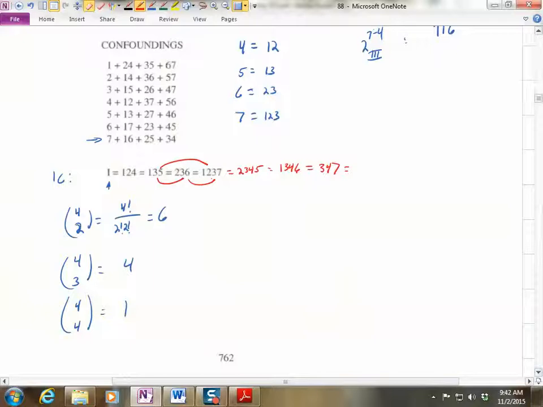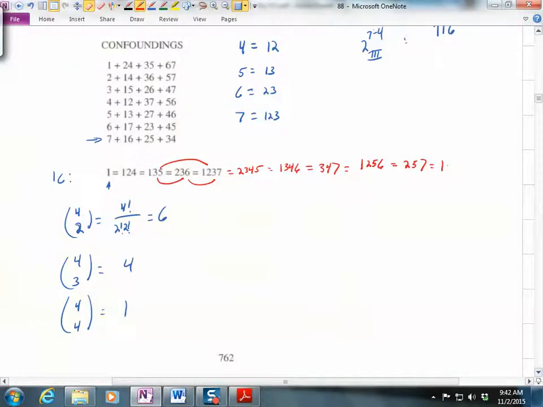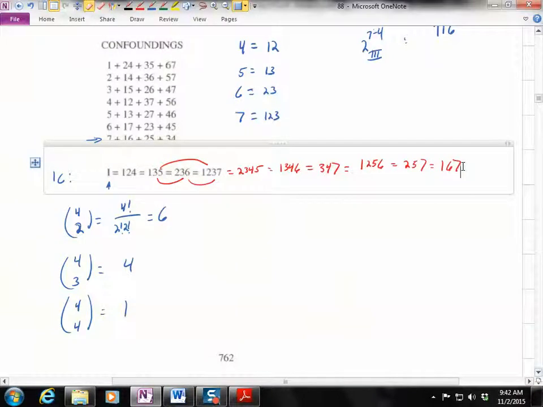So let's work through that. 1, 2, 5, 6. You guys getting those answers? Make sure you can get those, get the rest. If you have questions, let me know now.